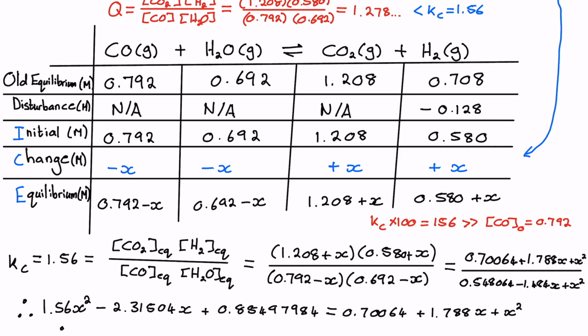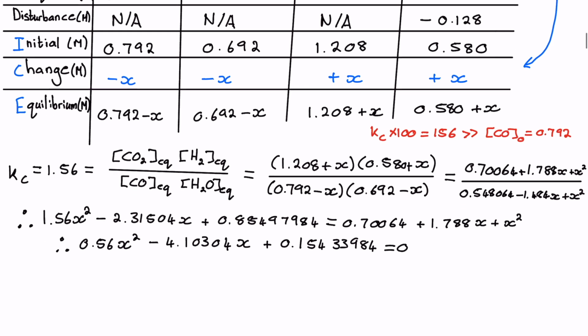Then grouping similar terms, I get 0.56x squared minus 4.10304x plus 0.154333984 equals 0.